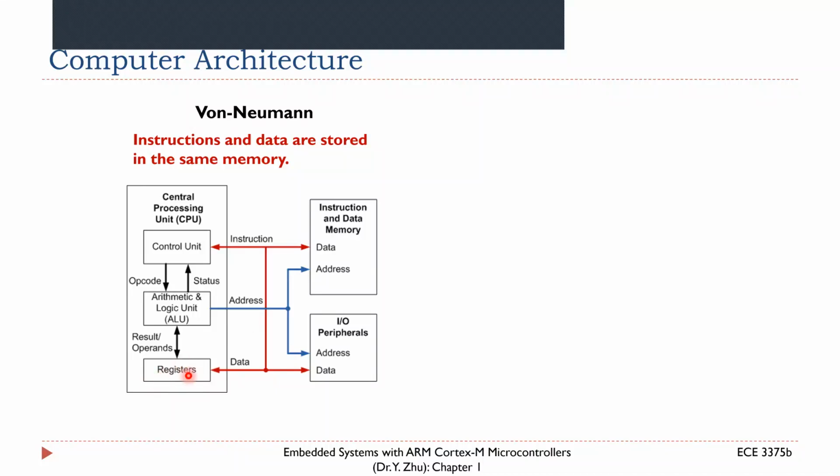When the instruction is adding two registers, the control unit directs these two registers into the ALU, performs the addition operation, and the result is stored in another output register.